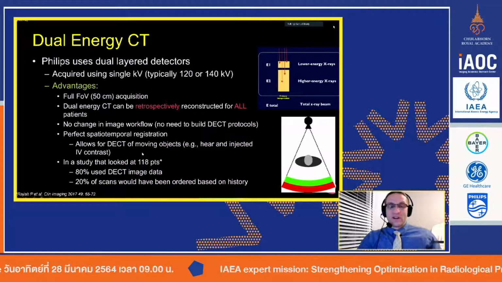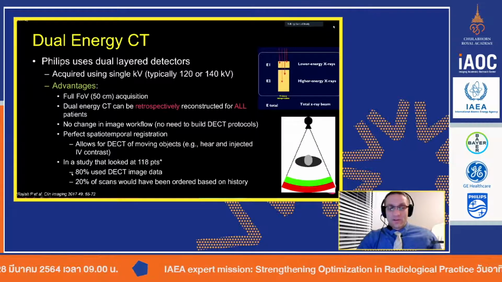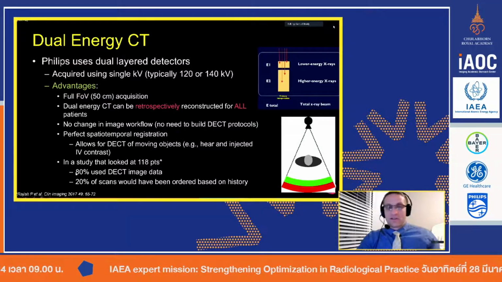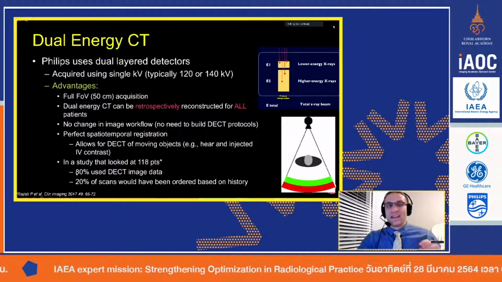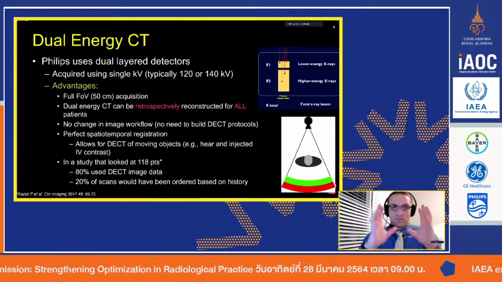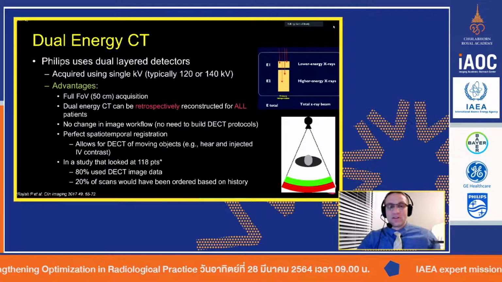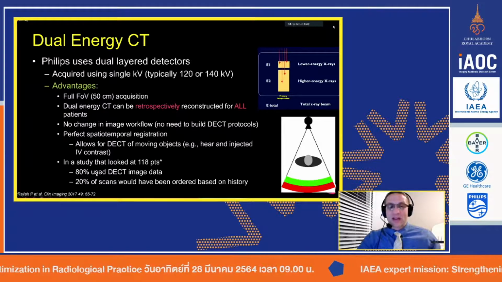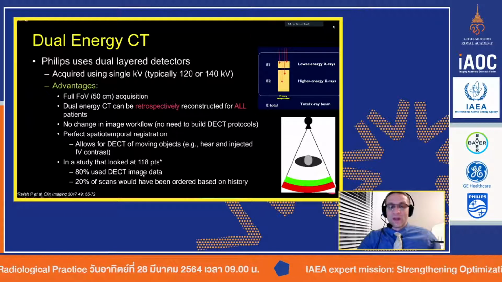Of those 118 patients, the radiologists that did this ultimately felt that they needed more dual energy information than just the simple gray and white image. So 80% of those actually used the dual energy CT image data.